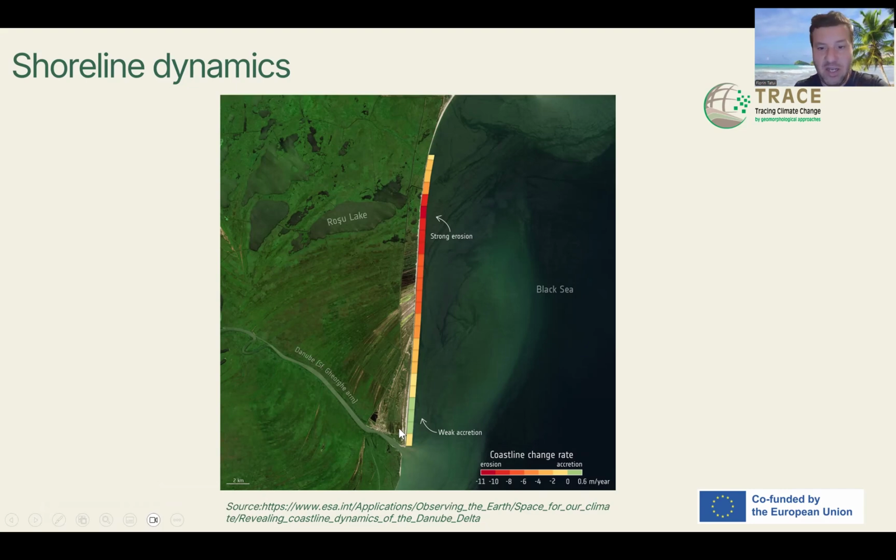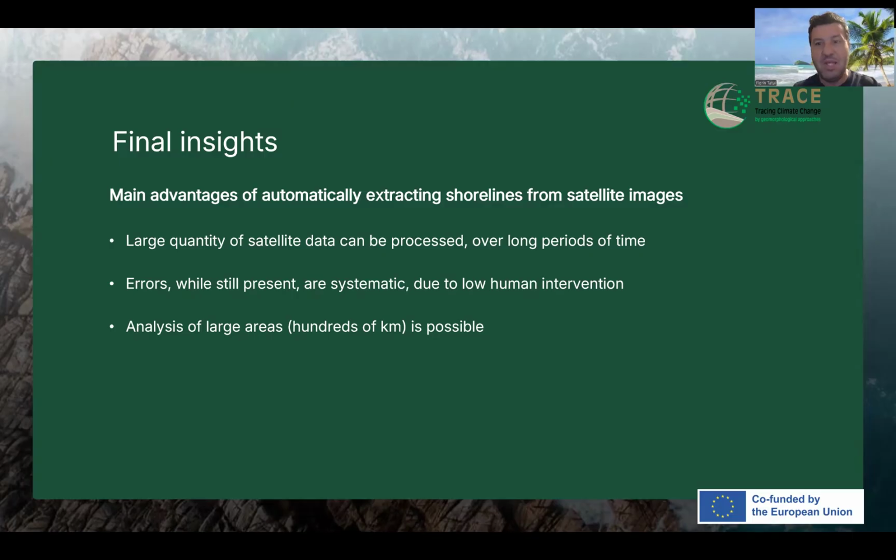We can see here a slightly accumulative sector in the immediate vicinity of the mouth, and to the north we can see strong erosion with average annual rates exceeding 10-11 meters per year.